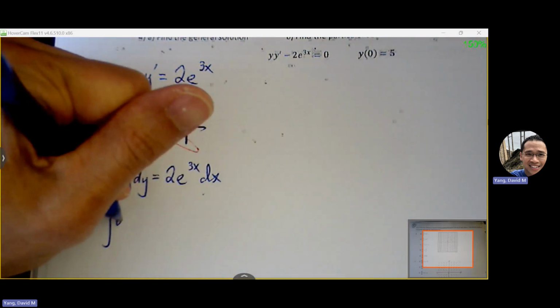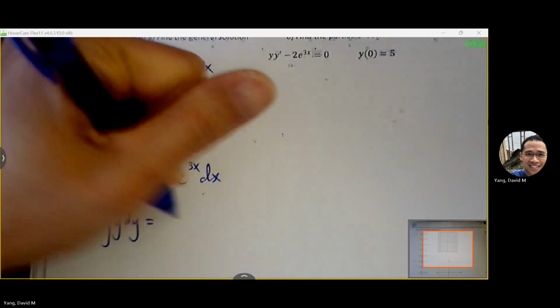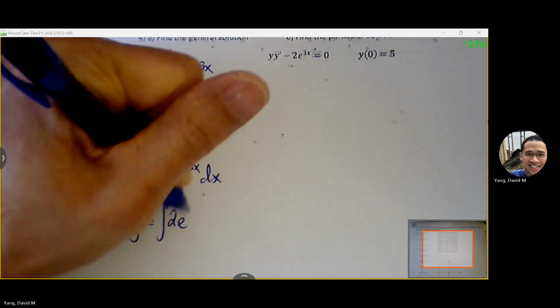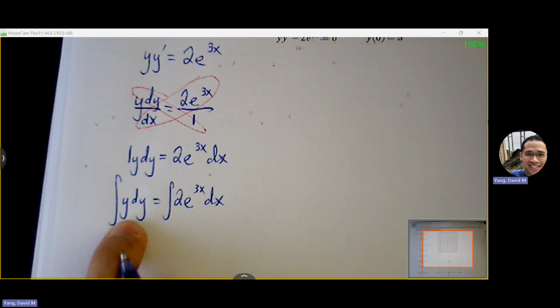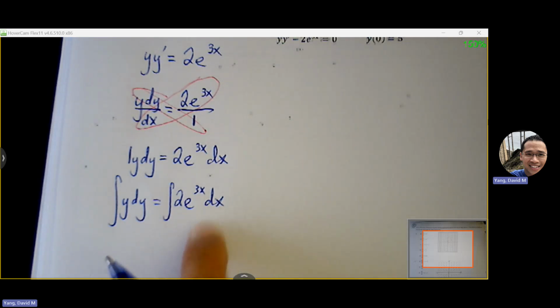So integral. Left side is just an easy power rule, but the right side, we need to do a little bit of what? What's needed on the right side?